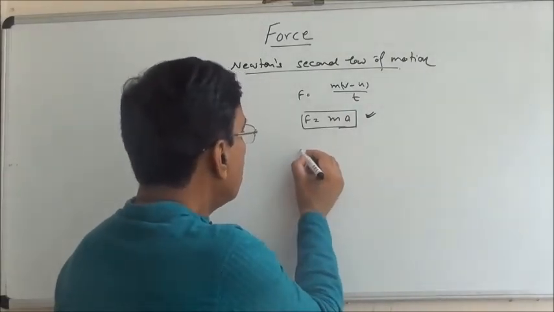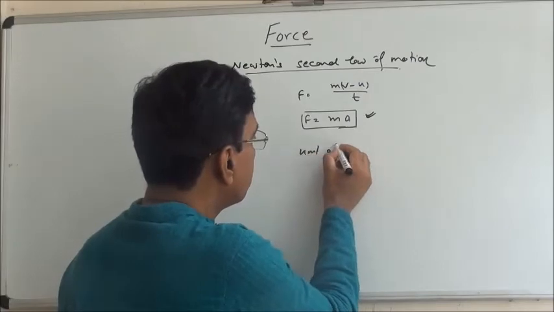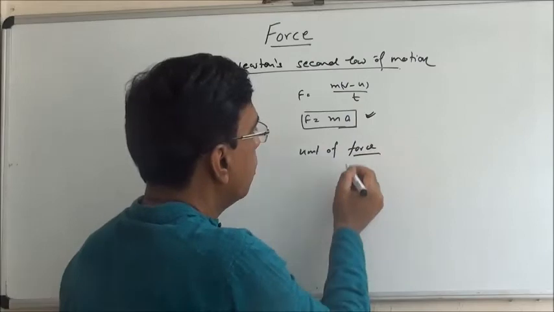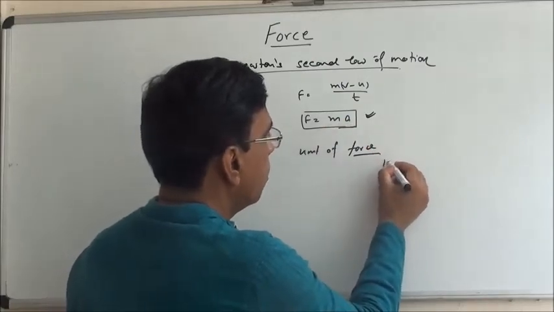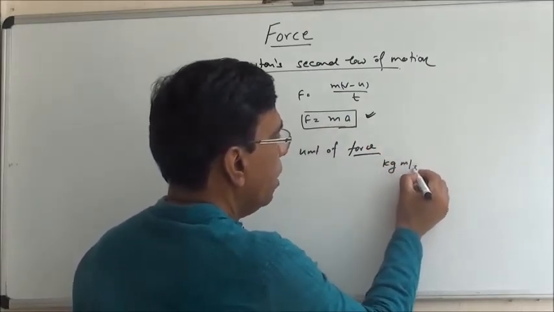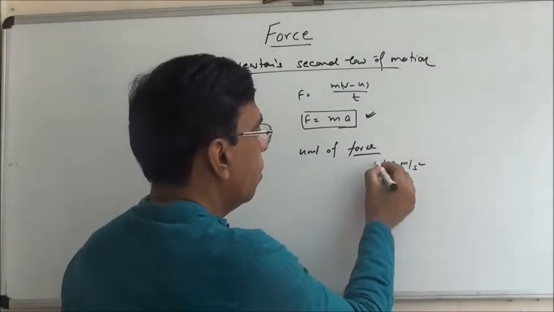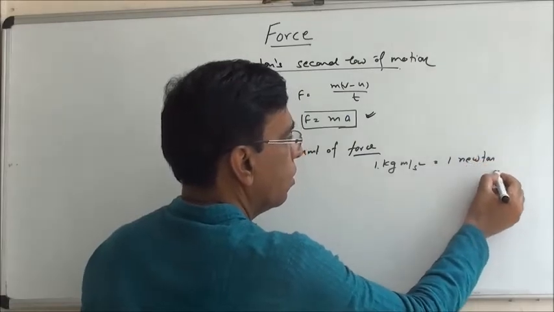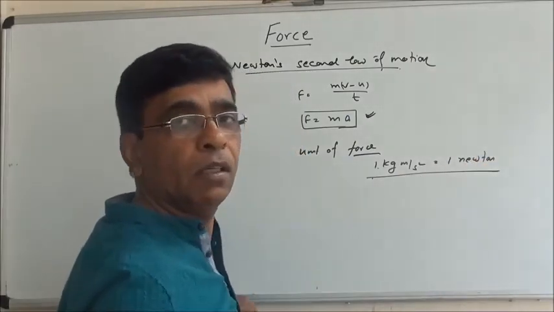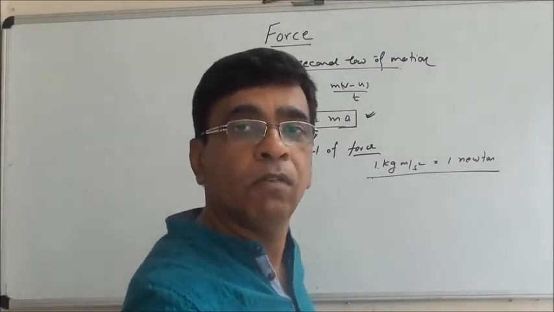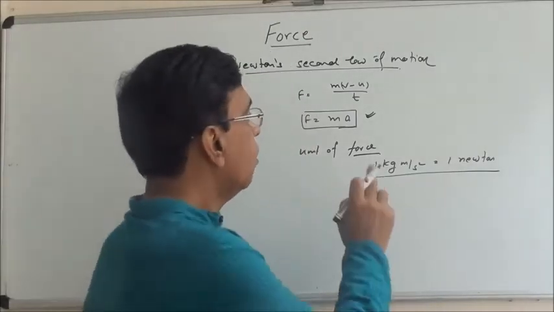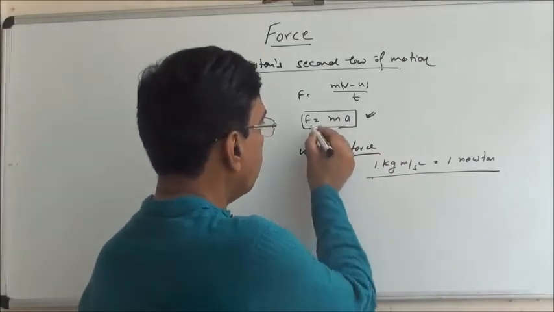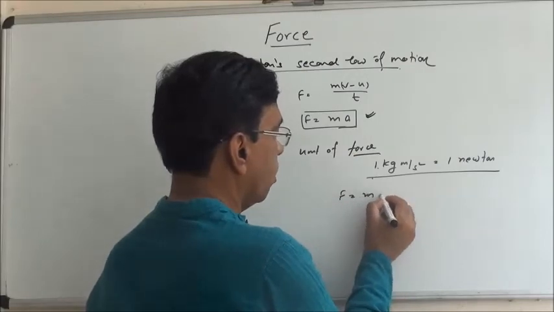Okay, from here, what is the unit of force? The unit of force is kilogram meter per second square, and this is also called Newton. So Newton is the SI unit of force. When we say 1 Newton, we actually mean 1 kilogram meter per second square. We can define a force of 1 Newton using this formula only, F is equal to ma.